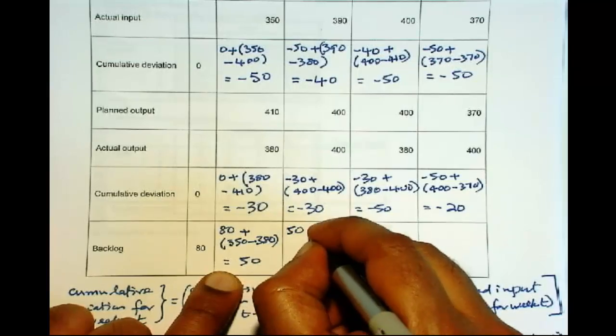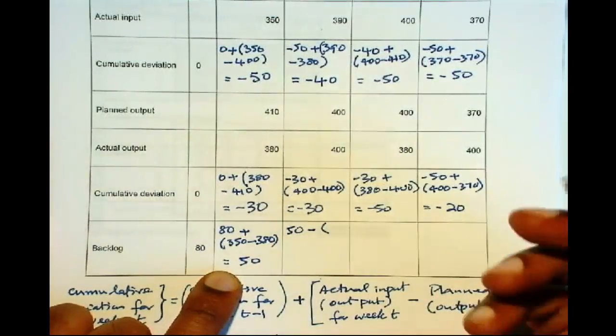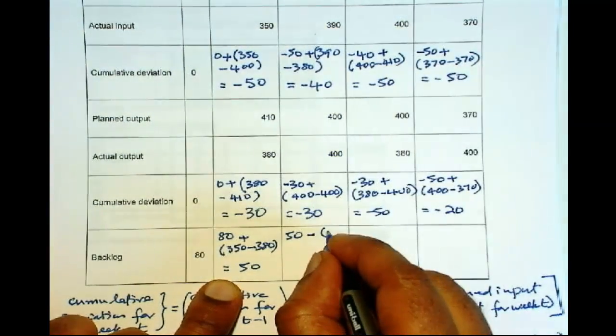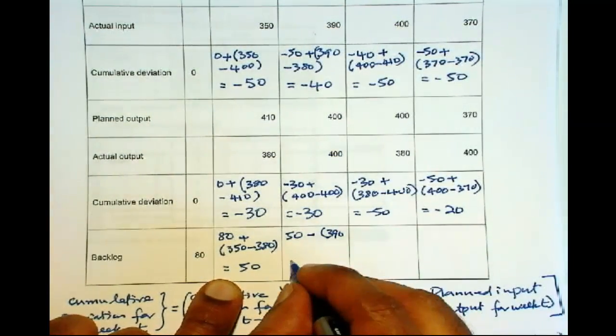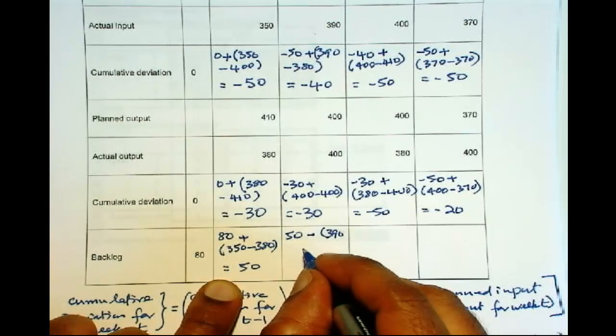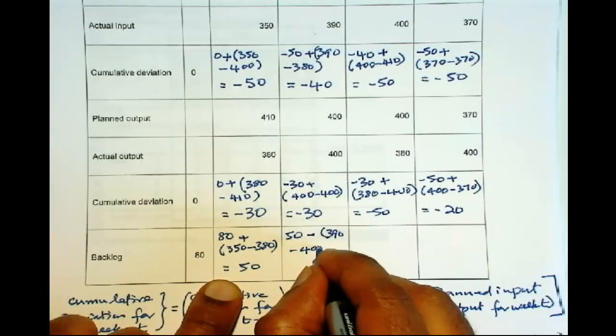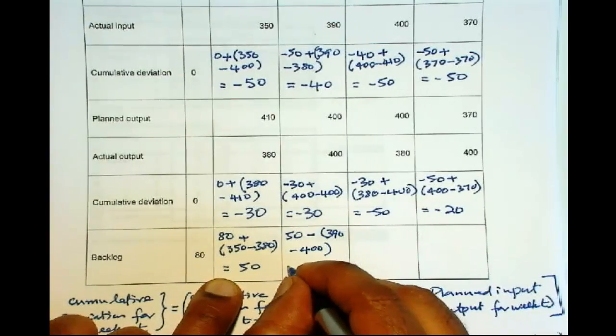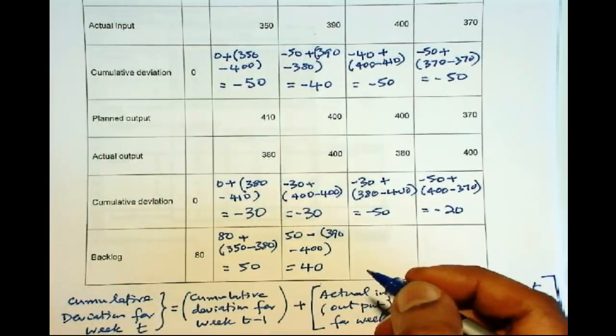Then 50 plus, once again remember the actuals, 390 minus 400, this further goes down to 40.